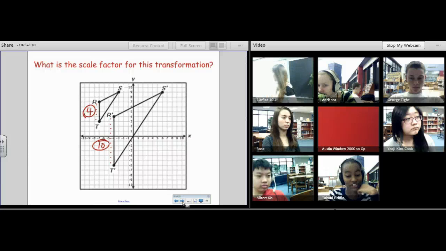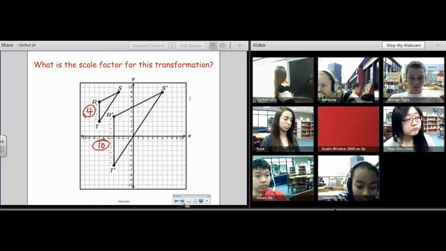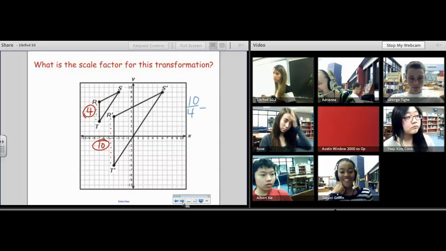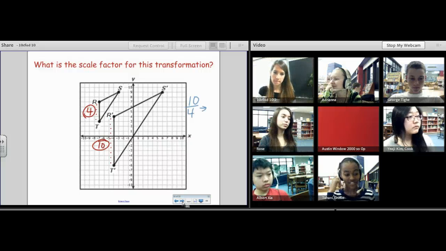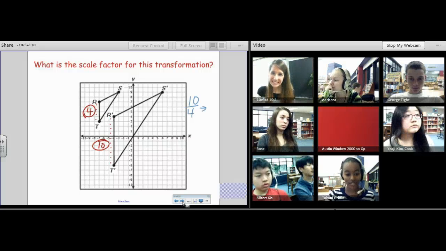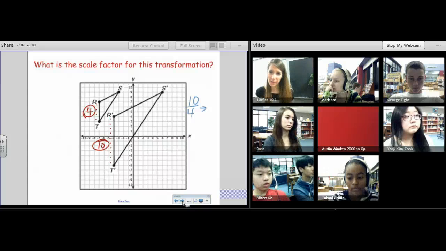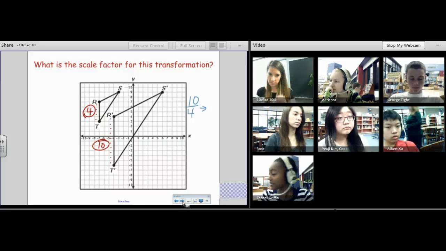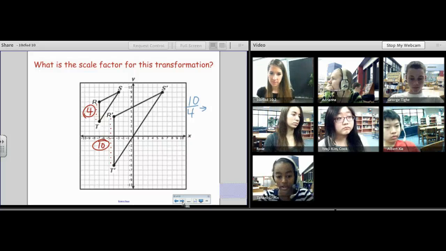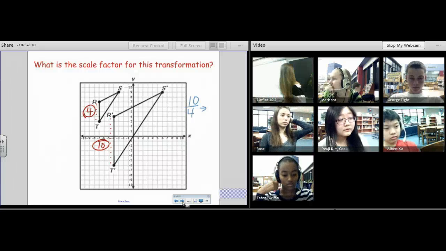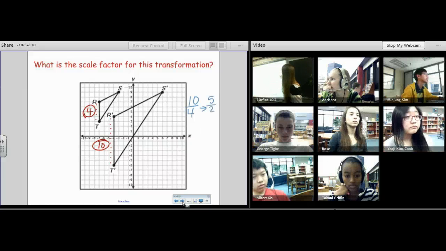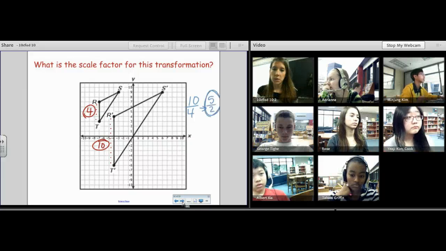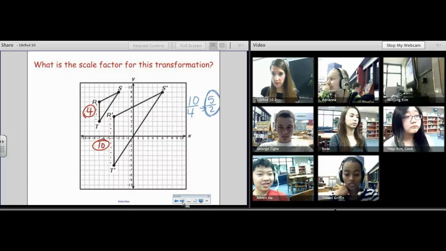Okay, so second over first, and then reduce that. Am I not being clear about the second over first thing? Is that confusing us? The prime over the non-prime. Okay, you didn't see the little tick marks, the little primes? So 5 halves. It is an enlargement, so your answer's got to be greater than 1.